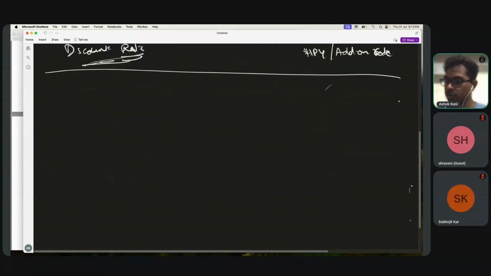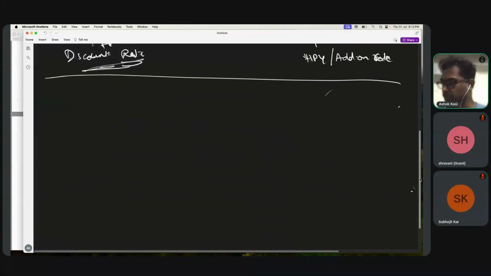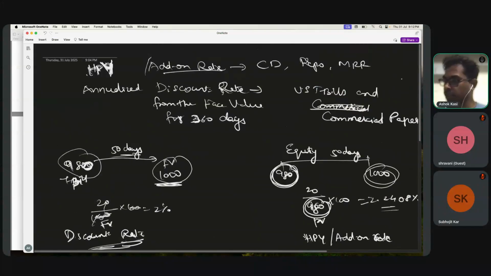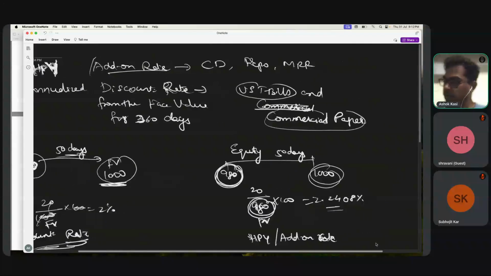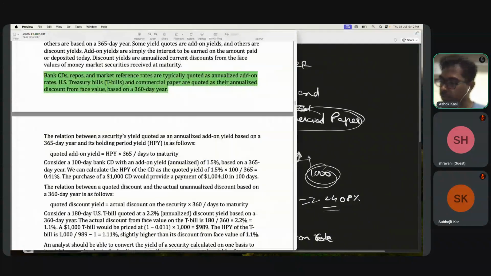Okay. Now we'll do one example. So you have to remember. Remember means if you understand, there is nothing to remember. See here, when it comes to T bills and commercial paper, they are discounted from face value.